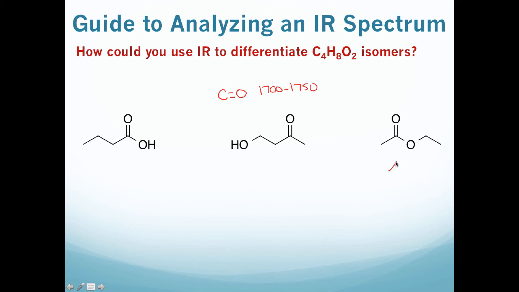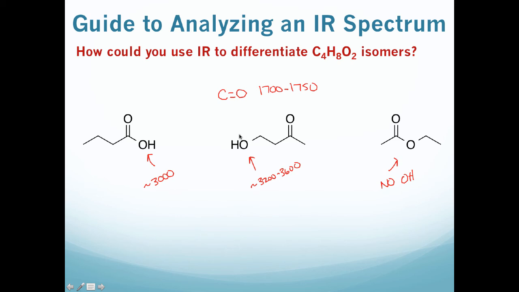The next thing we can say is that for this ester here, we're not going to see an OH stretch. But in both of these two compounds, we're going to see an OH. The first one is just a regular primary alcohol, and we would expect to see that around 3200 to 3600. However, the carboxylic acid OH, we would expect to see around 3000 wave numbers.